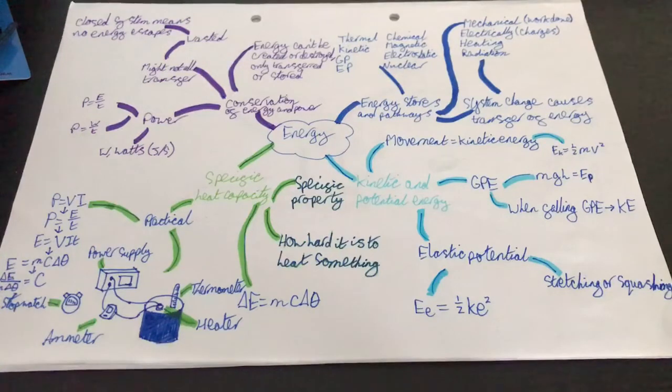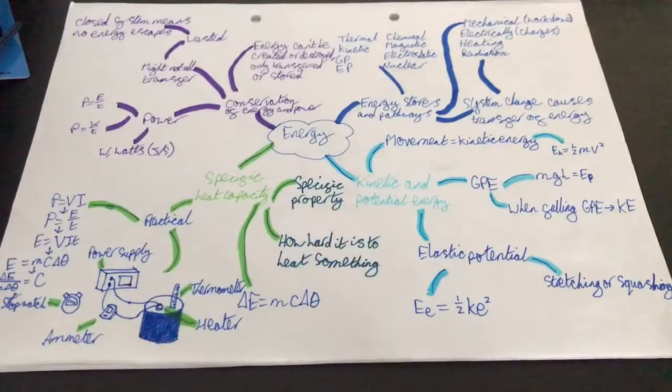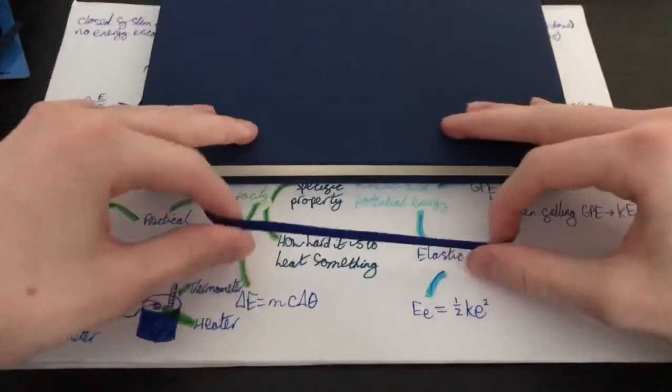Elastic potential energy is when you stretch something or when you squash something. So if I had an elastic band, I do actually, bear with me. So if I were to use this as an example, this is an elastic object.